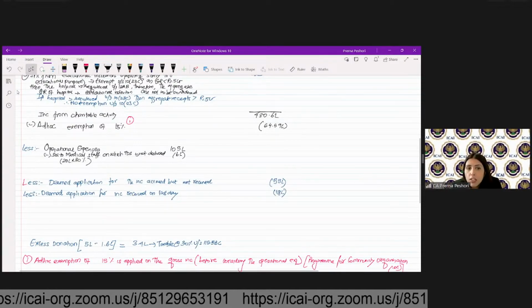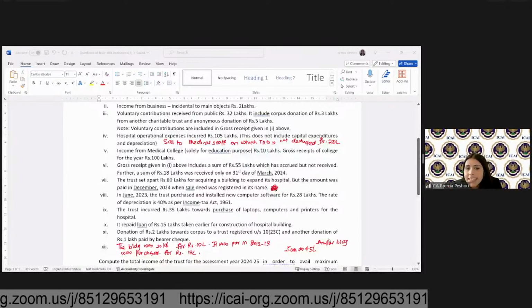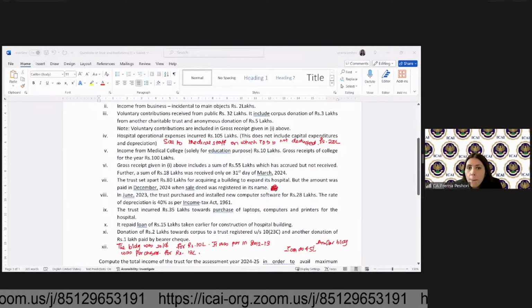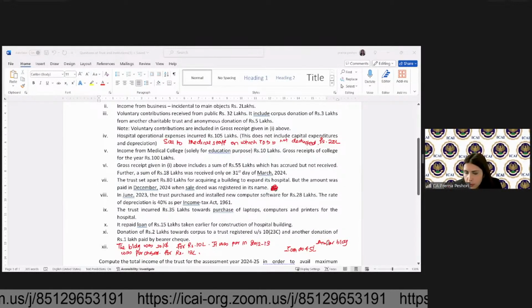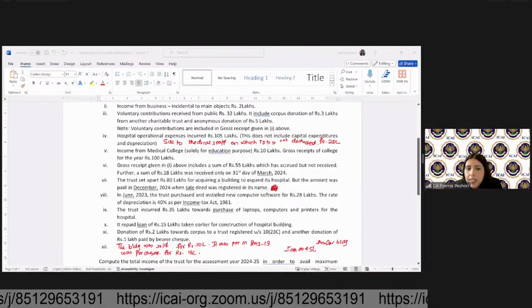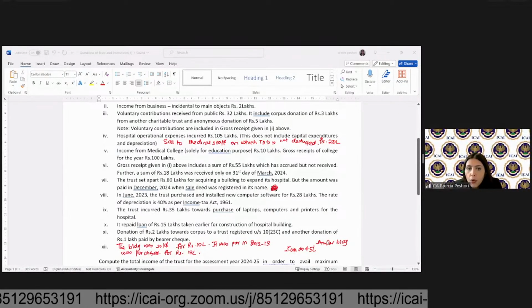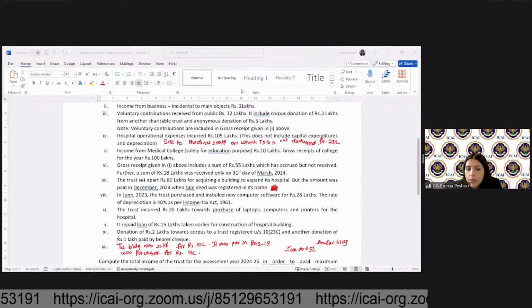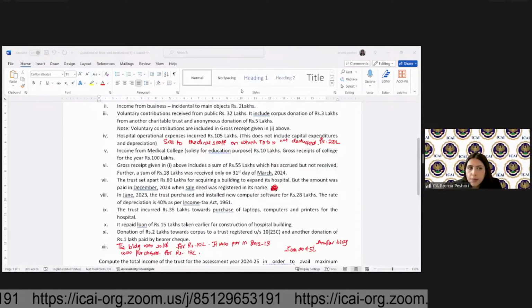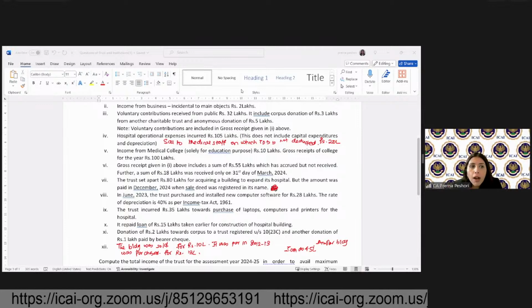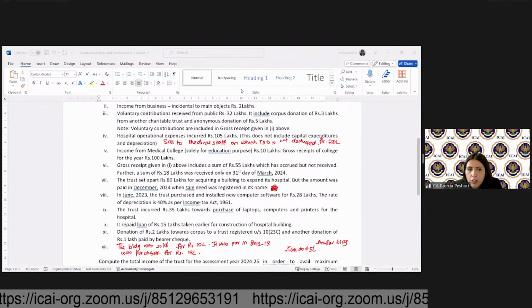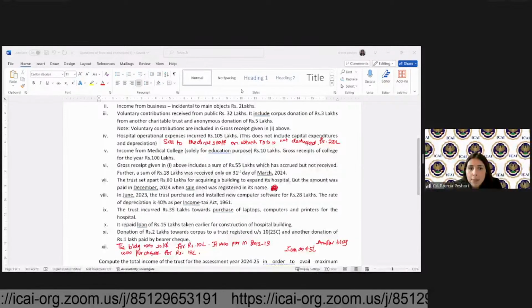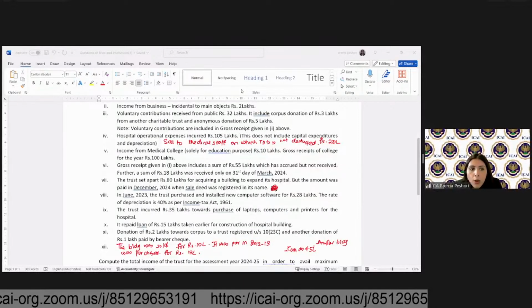Next is the trust set apart 80 lakhs for acquiring a building to expand its hospital. But the amount was paid in December 2024 when the sale deed was registered in its name. So what will be the effect over here? The amount set aside for the building, will it be allowed as the application?